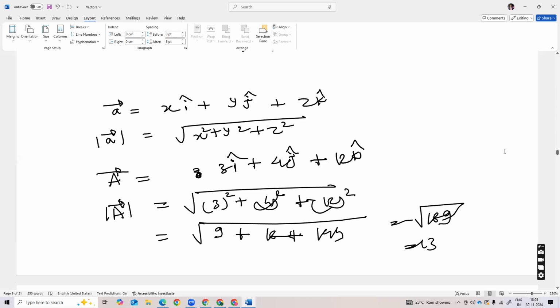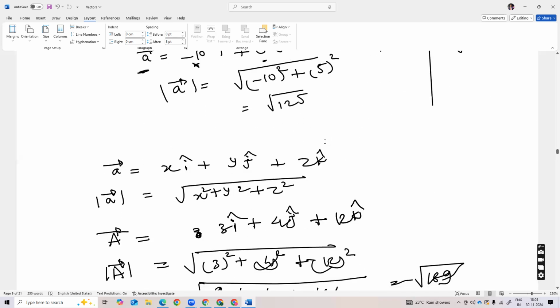If you want to know why in this 3D case it is the square root of x square plus y square plus z square, you can find it using simple geometry. Let's say we have a cuboid, and you have a vector pointing from this point to this point.